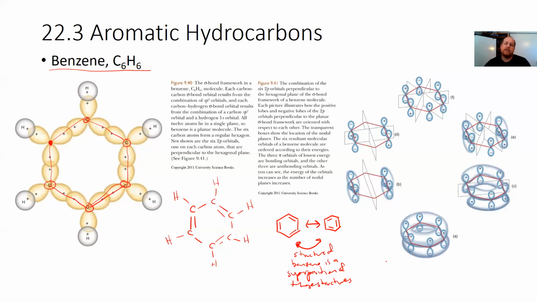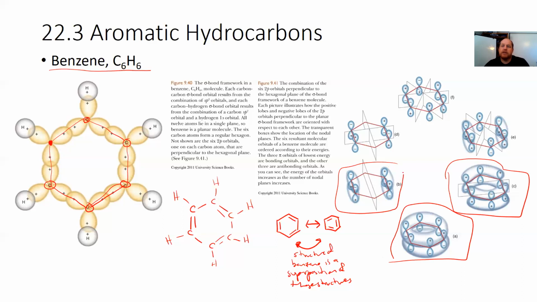And what you have here are what are considered the bonding and anti-bonding orbitals associated with the overlap of the p orbitals from all 6 of the carbon atoms. The most stable, lowest energy of those orbitals is where they're all in the same phase. The next most stable is where you have one node, and there are 2 ways that you can have one node in this particular molecule. There's like that, and then there's like that.